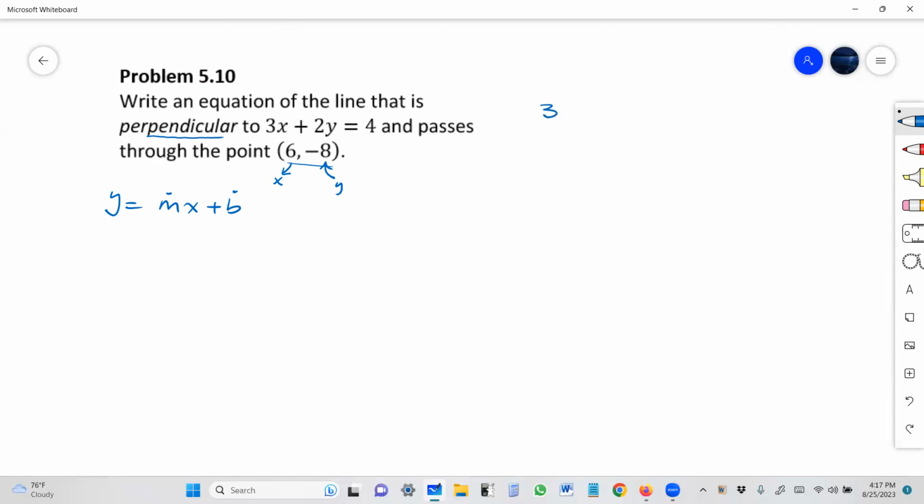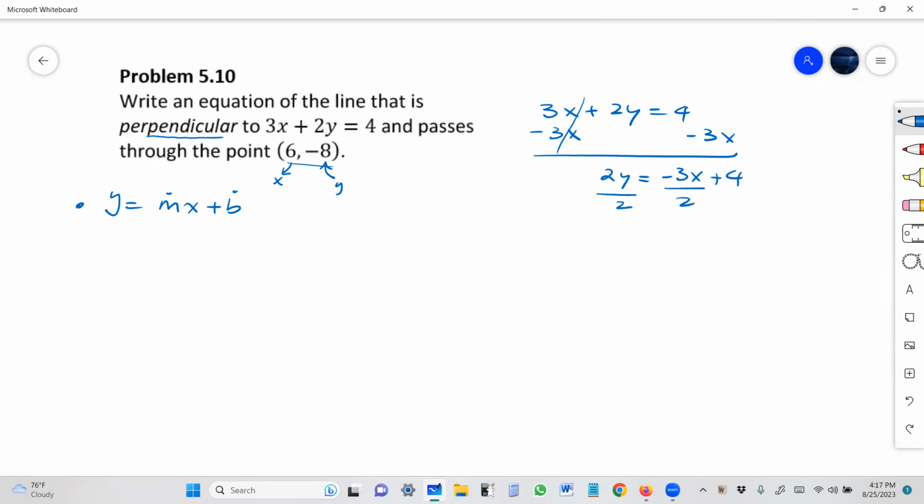To find m, I am going to use the fact that I am given this line. I need to write this line into slope-intercept form, and I need to find the slope of this line. So as before, I'm going to put it in slope-intercept form. And I'm doing this because I need to know what the slope of this line is.